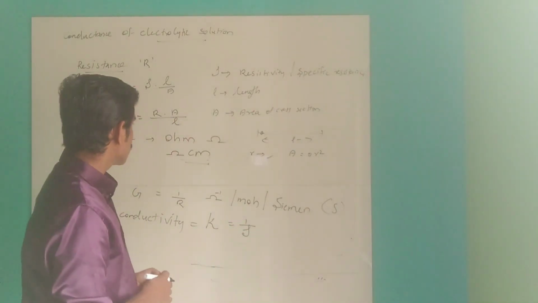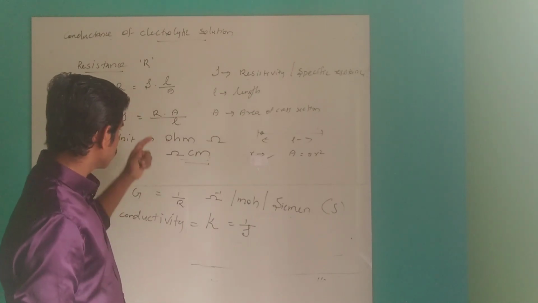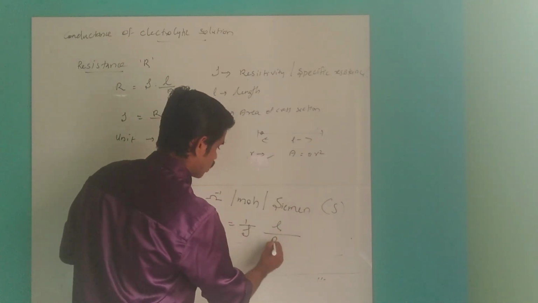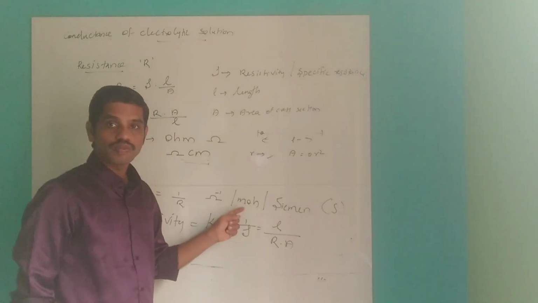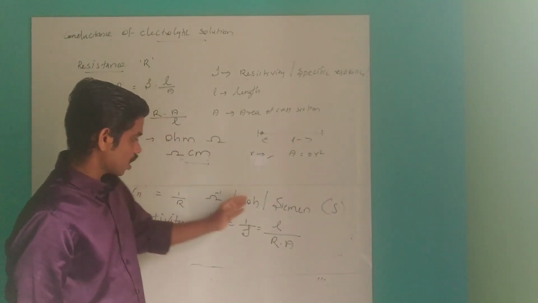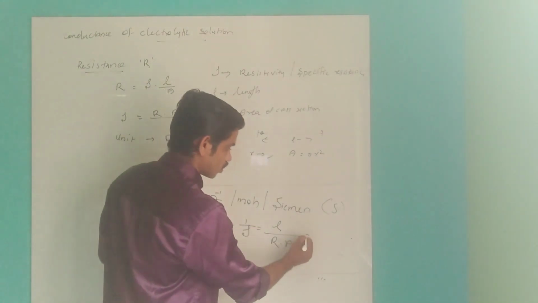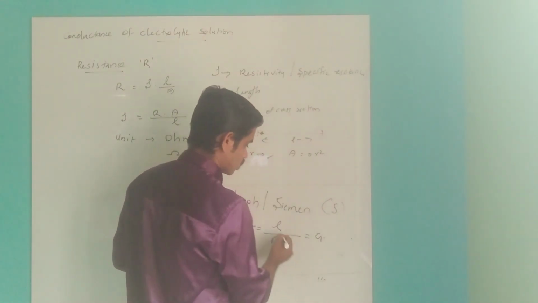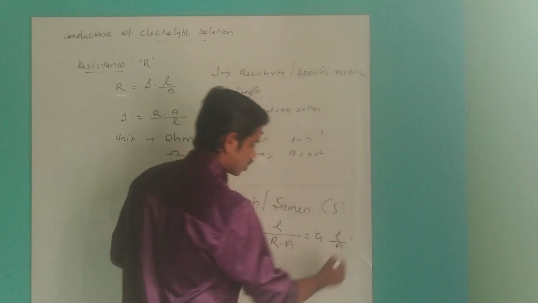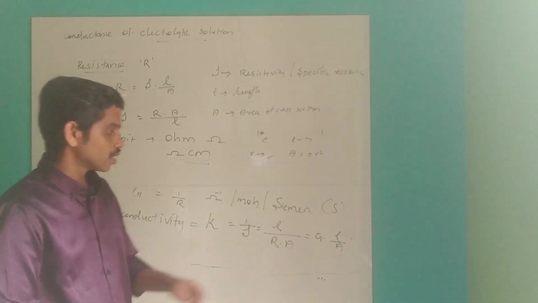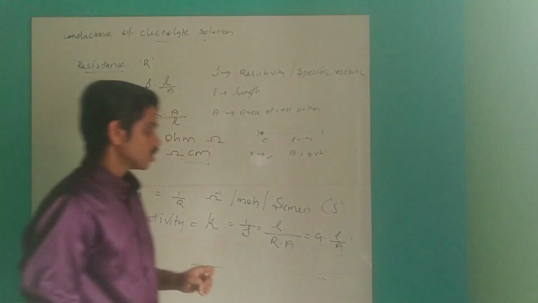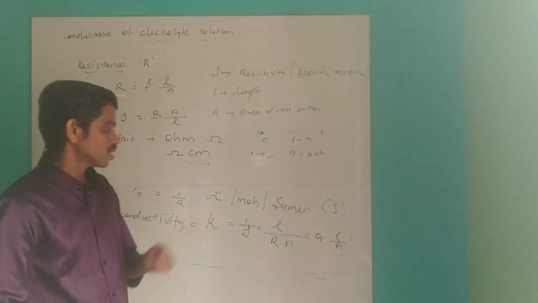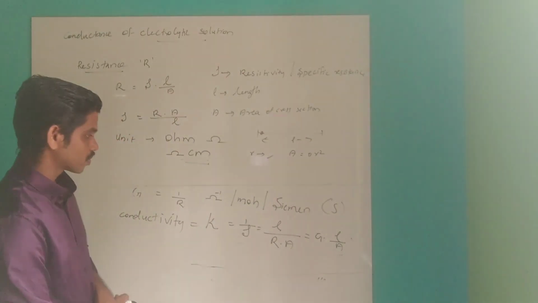So what will our equation be? The opposite of rho is L divided by R into A. So 1 by rho is equal to 1 by R into L by A, and 1 by R you can call conductance. So it is G into L by A, conductance into L by A. Using this equation, you can find the conductivity. This is the equation for conductivity.